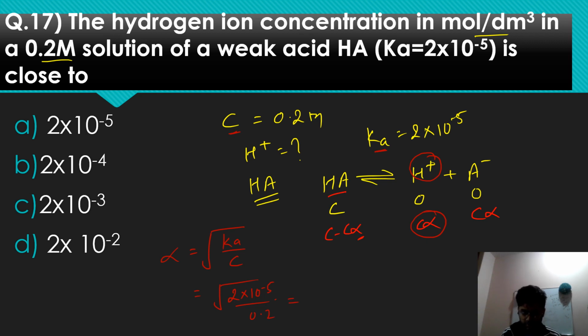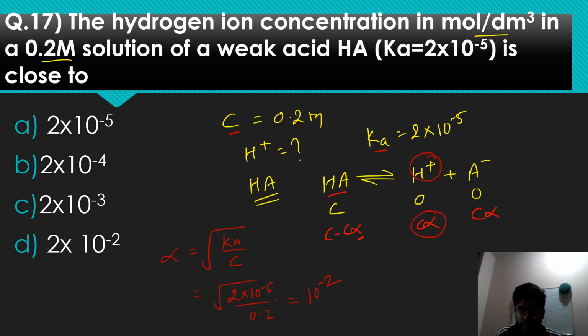Then we get root under 2 into 10 to the power minus 5 divided by 0.2, which is root under 10 to the power minus 4, that is 10 to the power minus 2. This is the value of alpha.